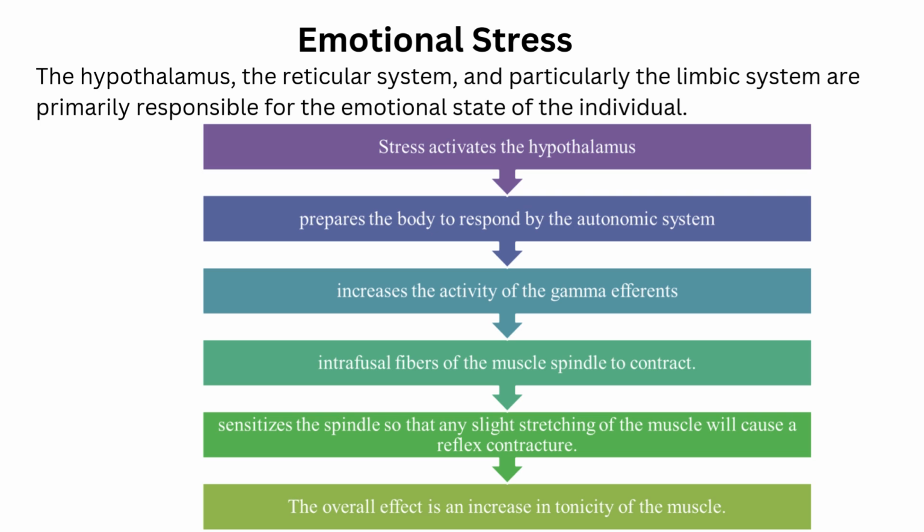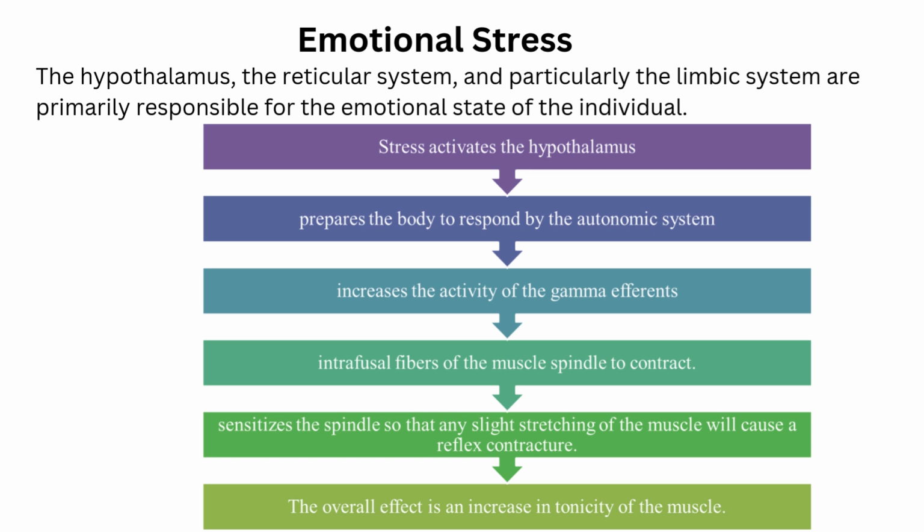Let's understand about the emotional stress. Basically, what stress does is it activates the hypothalamus, correct? Because of which the body responds by the autonomic system, which increases activity of gamma efferents. Okay, and the intrafusal fibers of muscle spindles begin to contract. So the muscle basically has muscle spindles, right, which start to contract.